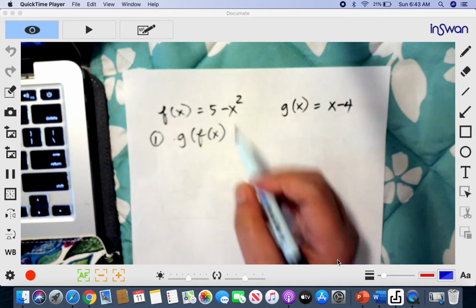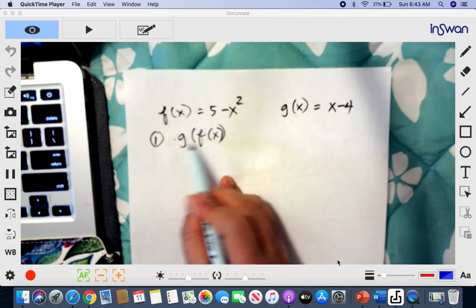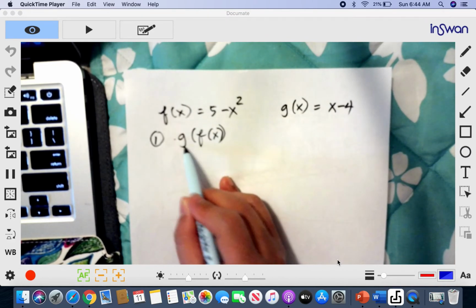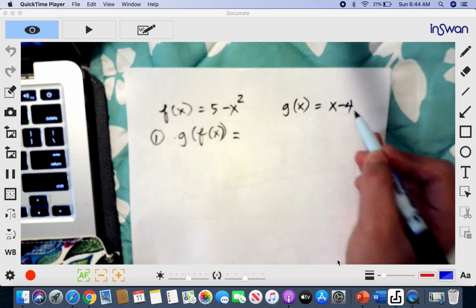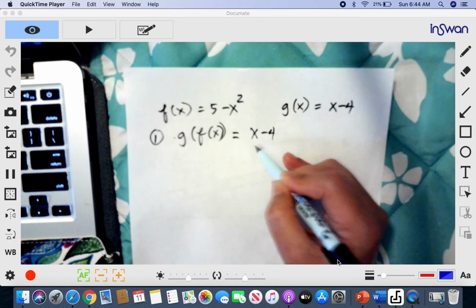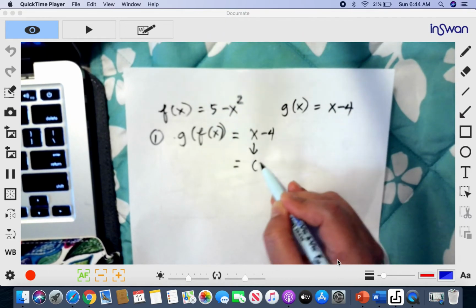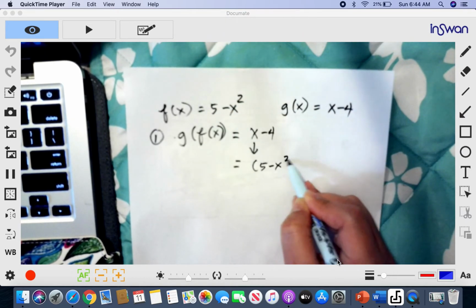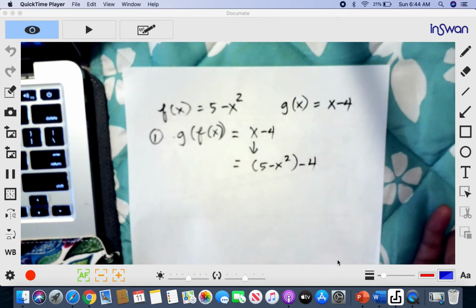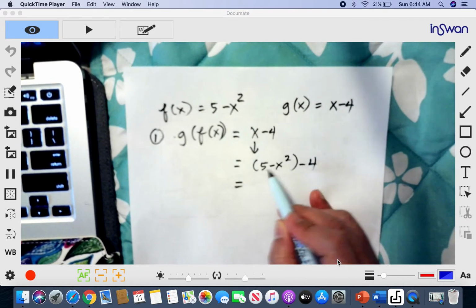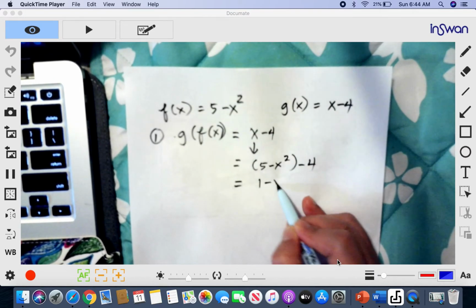The meaning of this is that your x in g will be f. So I can write x minus 4 here. Now I will replace x with f, which is 5 minus x squared, minus 4. To simplify, 5 minus 4 is 1, minus x squared.